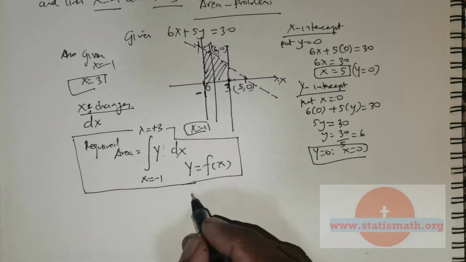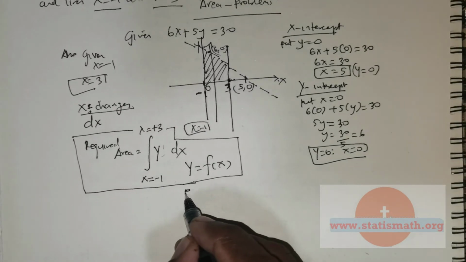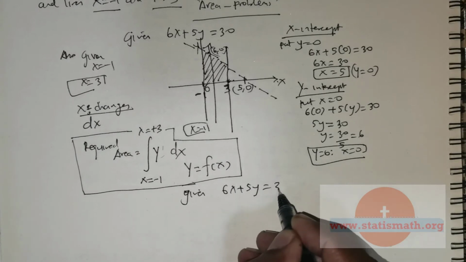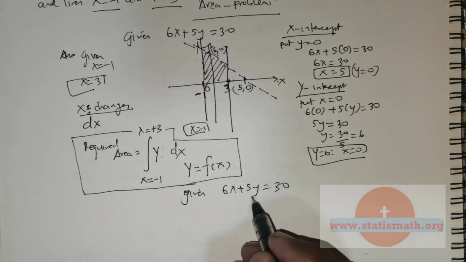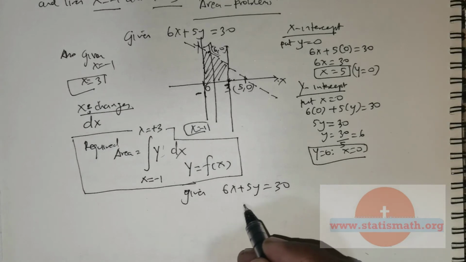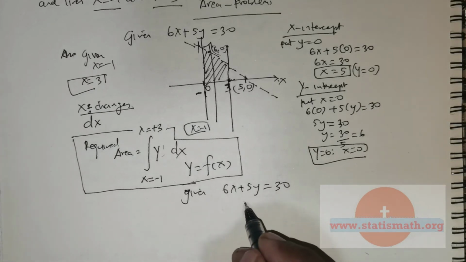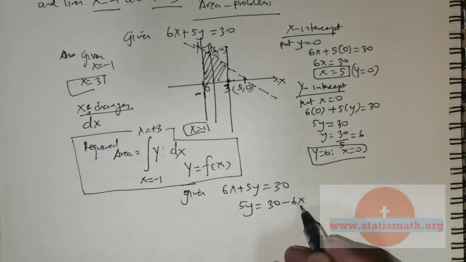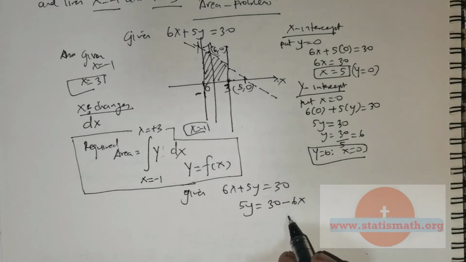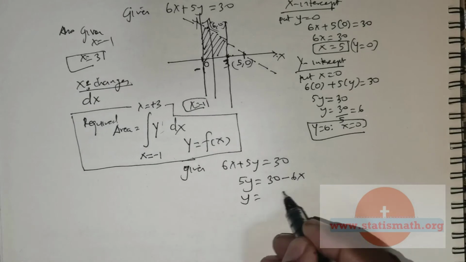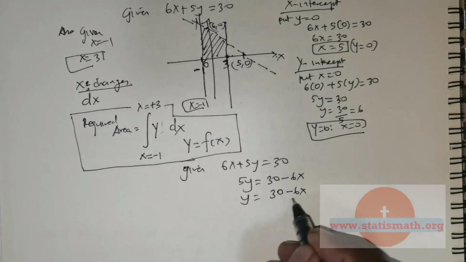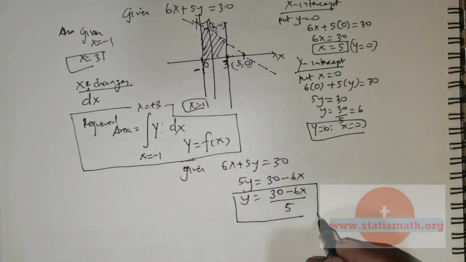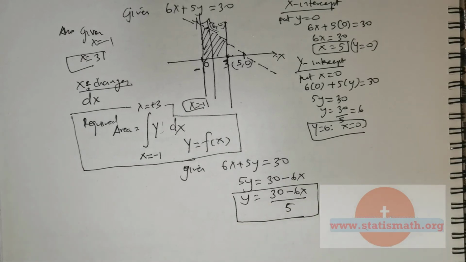So we are given the line 6x + 5y = 30. Now you need to write this with y on the left and x on the right. So I keep y on the left and move x to the right. It's going to be (30 - 6x), which I can rewrite as (30 - 6x) divided by 5. So y is written as a function of x.